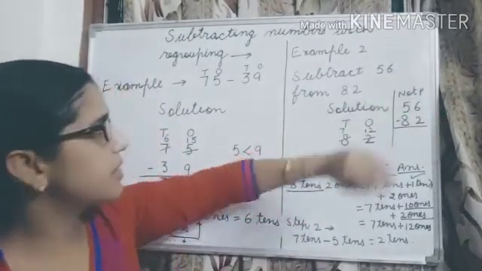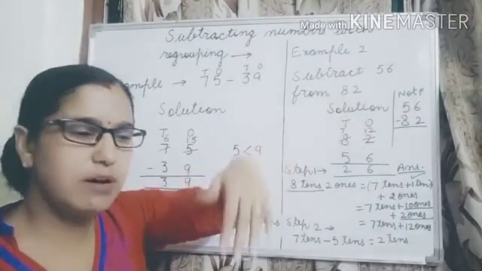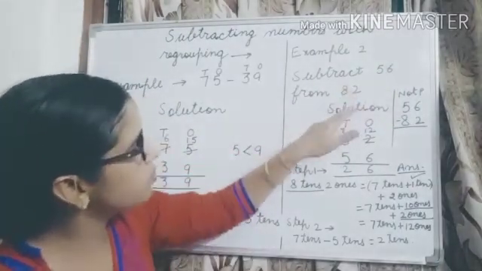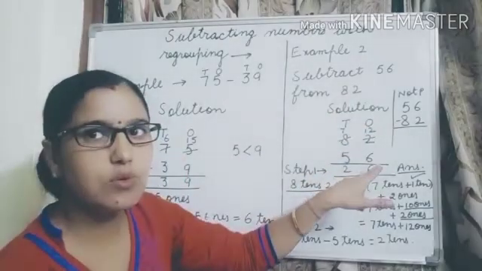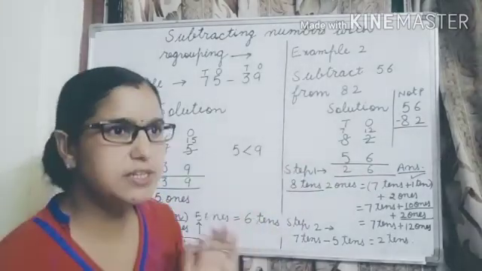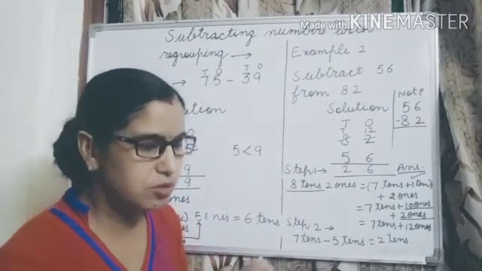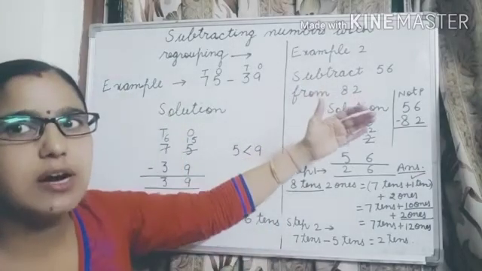We have to subtract 56 from 82. When we subtract 56 from 82, then 82 will be bigger and 56 will be smaller. Then this is the complete sum. Always in subtraction, write the smaller number downside and the bigger number upside.